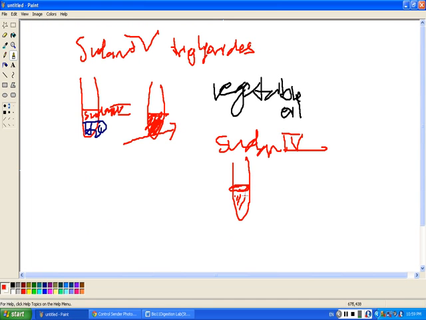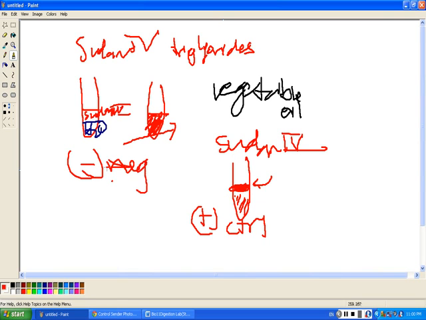And when we added the Sudan 4, even though there was some reddish in the water portion, most of it concentrated in the vegetable oil layer. And plus, it was a lot darker in color in the vegetable oil layer there. So this was our positive control. Well, this was our negative control here.